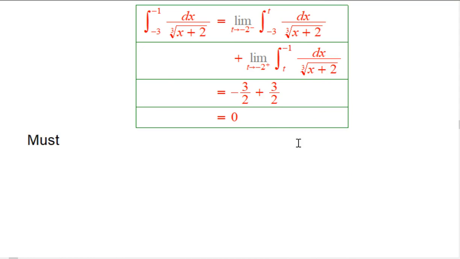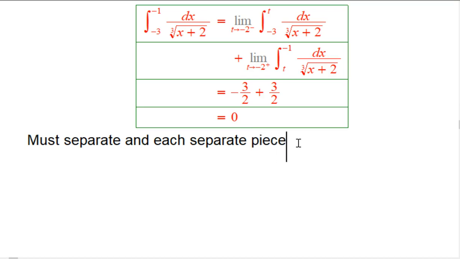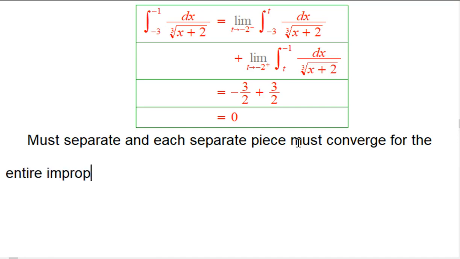So to summarize that, you must separate, and in this kind of case where you've got a singularity in the middle of the interval, each separate piece must converge, must define a number, for the entire improper integral to make sense. Well, to converge, let's say.